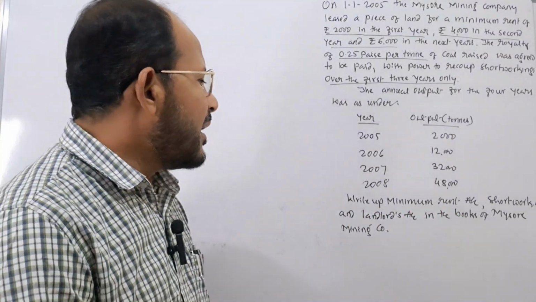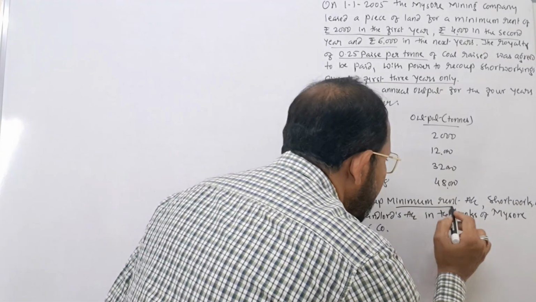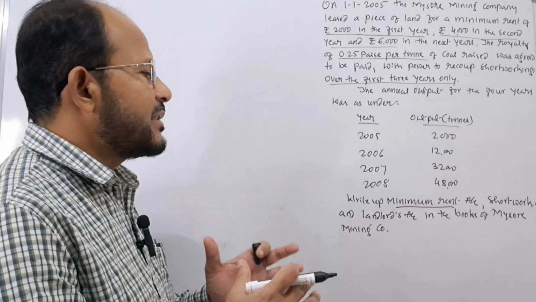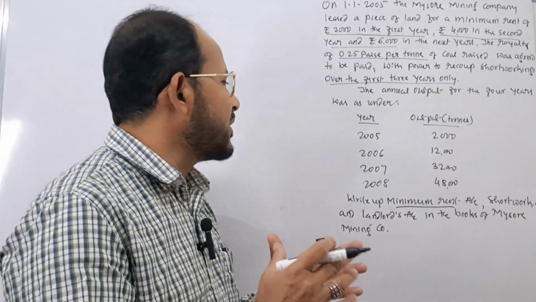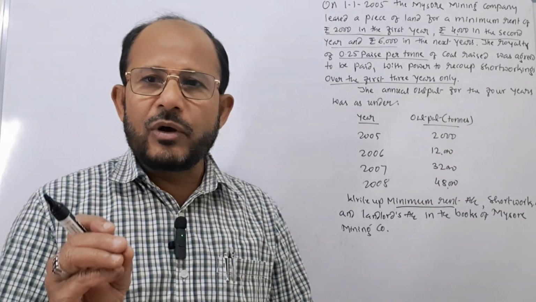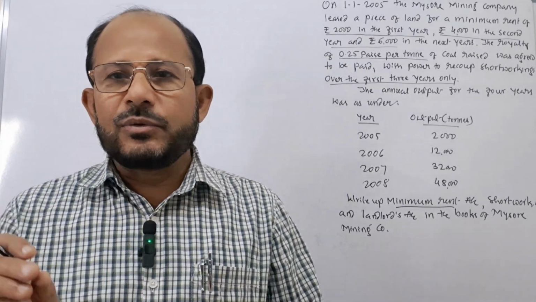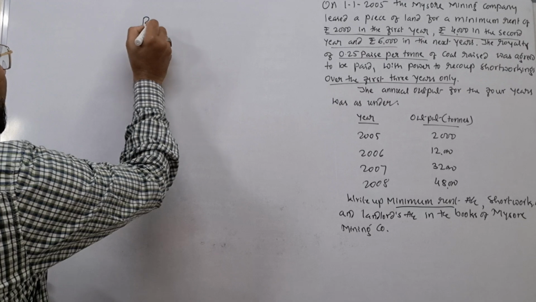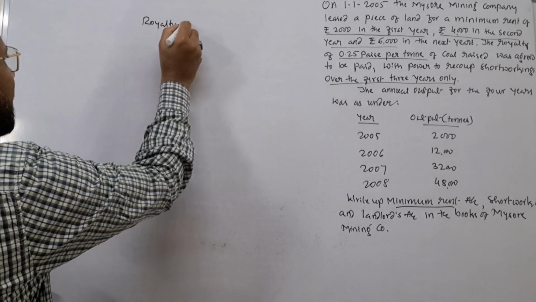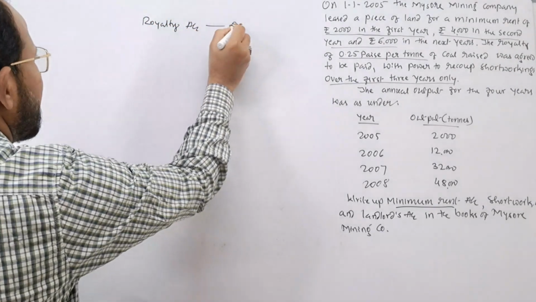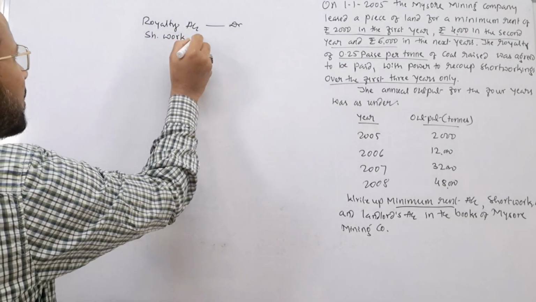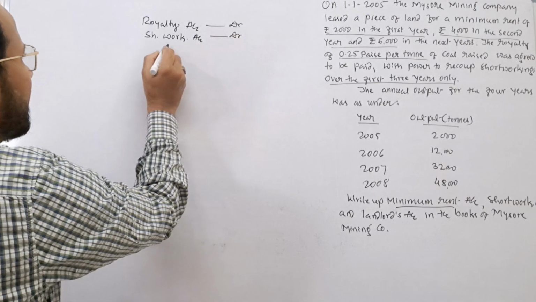Okay, fine. Here in this problem, we are going to prepare minimum rent account. Here, what is the difference in journal entries, try to understand. Whenever the royalty is payable, we passed one journal entry. What journal entry did we pass? Royalty account we debited, right? Royalty account is to be debited. Next, short workings account is also to be debited.